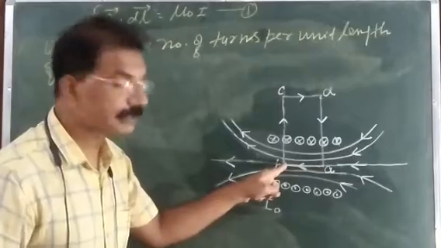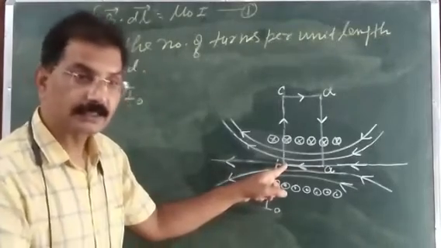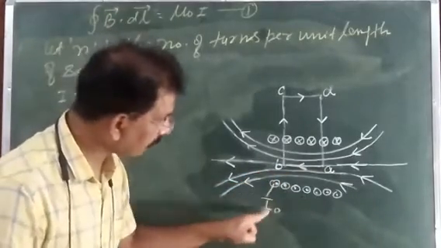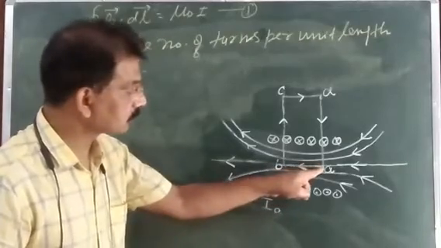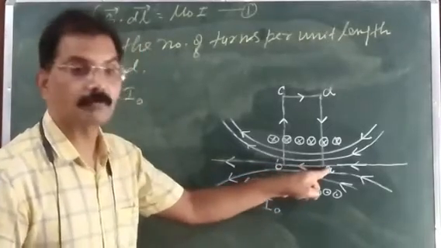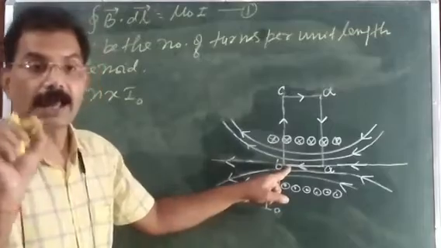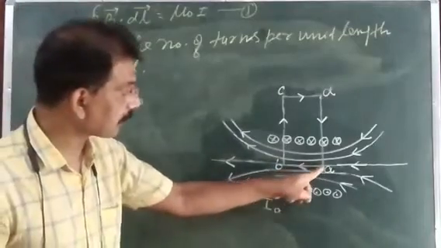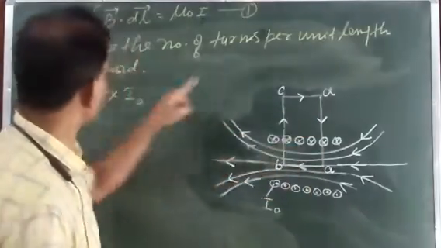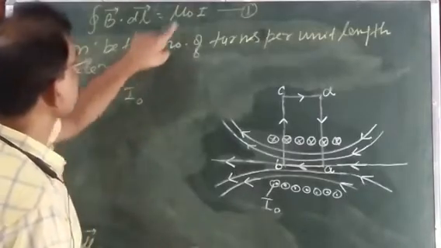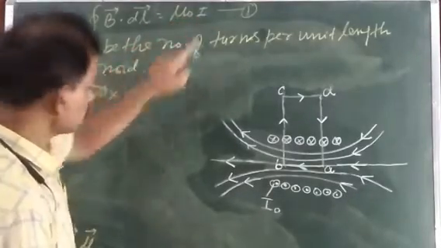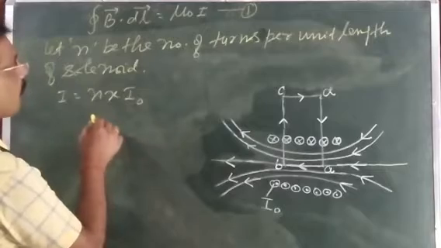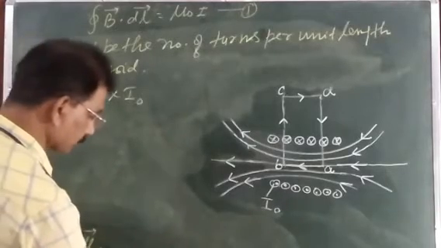So in AB length, how many turns? nx. In each turn of the solenoid, what is the current? I naught. So in this length AB, what is the current enclosed by it? nx I naught. It means the current enclosed by this rectangle is how much here? nx I naught, which is what here mu naught I. So simply you can say from this one is equation 2.